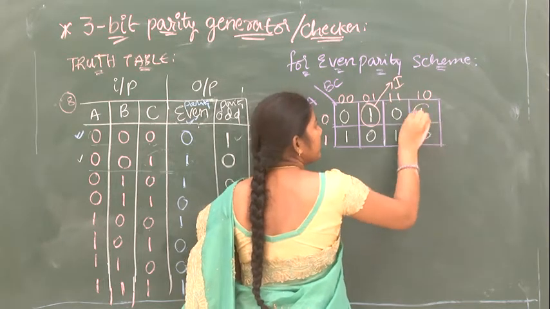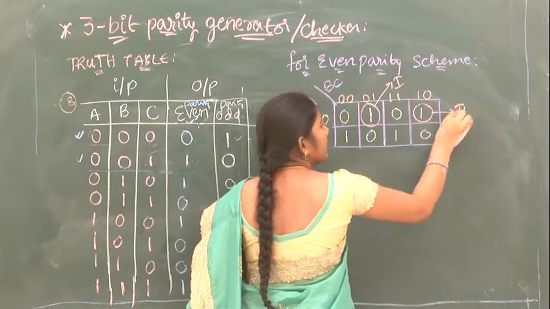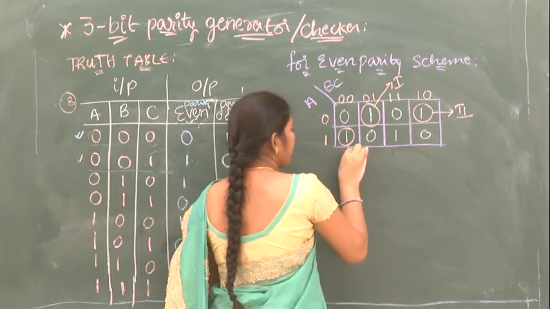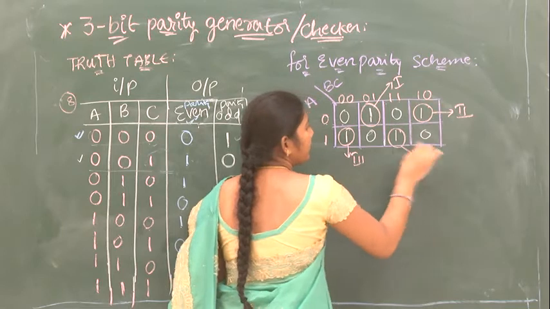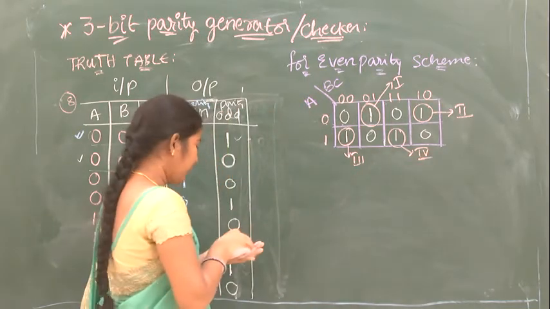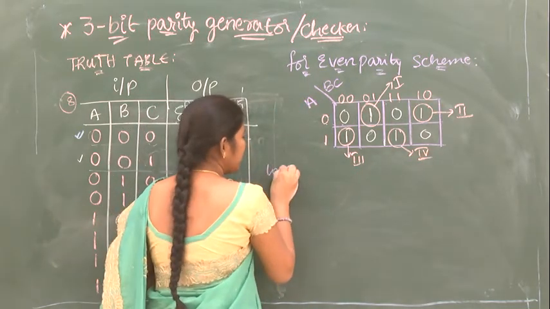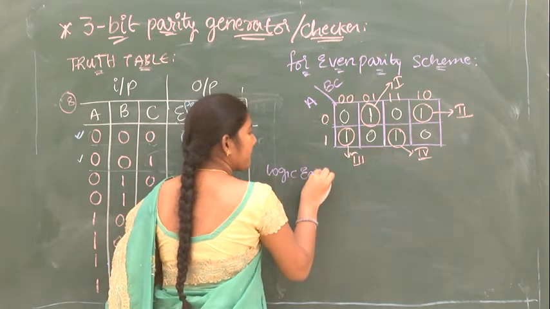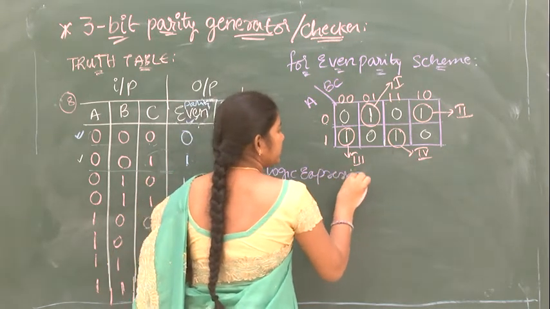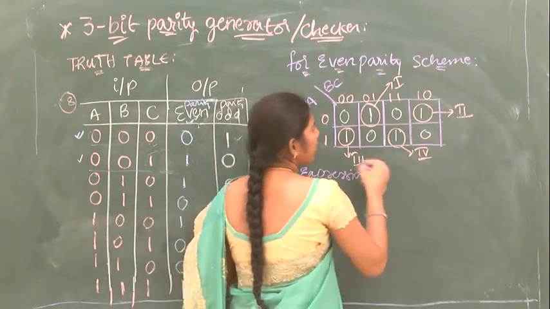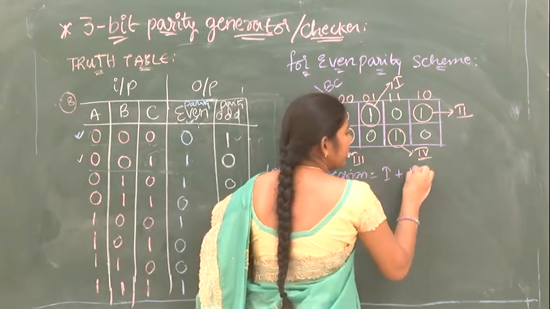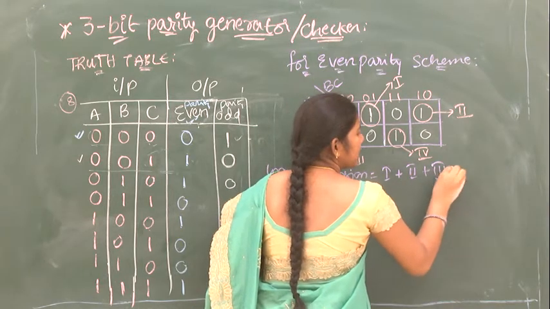This is the first term, we'll take the second term, third term, and this is the fourth term. Now, the logic expression for this, I am considering SOP. So, the sum of all terms will give the logic expression.